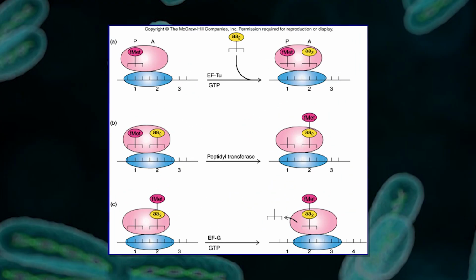So, the elongation factor Tu brings this tRNA to the A site, then peptide formation occurs, and there will be translocation. Like this, the elongation of the peptide chain occurs. This is the diagrammatic representation of how the elongation factor Tu brings the next activated, amino acid-charged tRNA, and the peptide bond is synthesized.